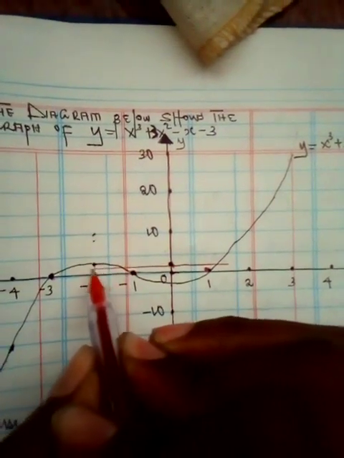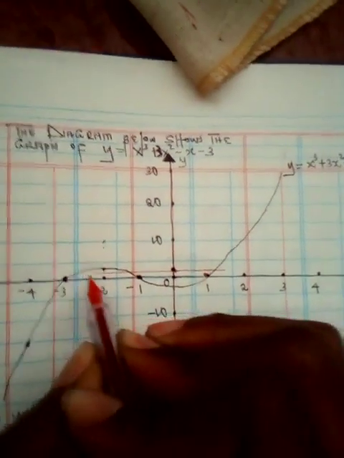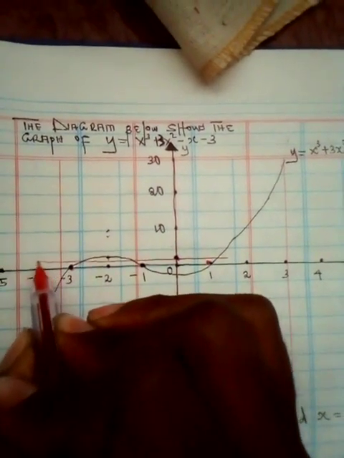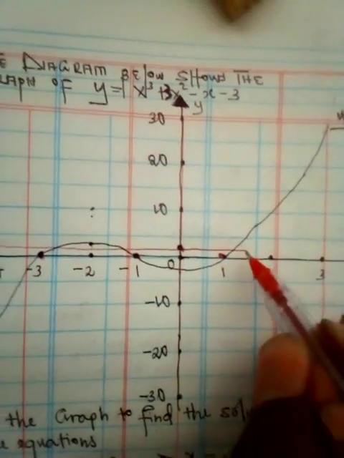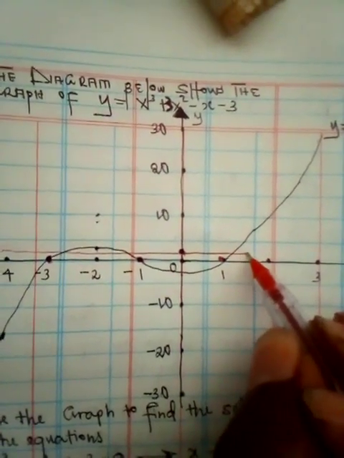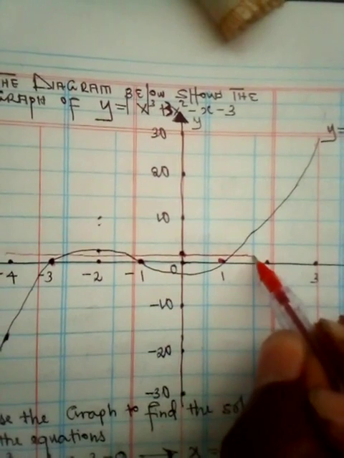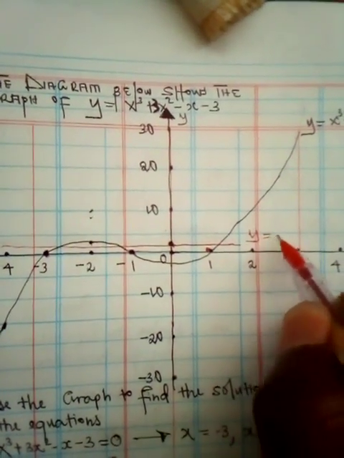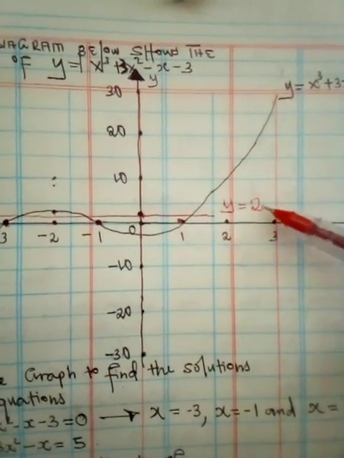There we go. Like that. That's your y is equal to 2. You just draw a line horizontally and be sure that it is passing at your 2 value. So this is your y is equal to 2.